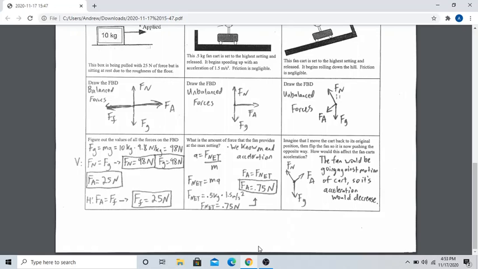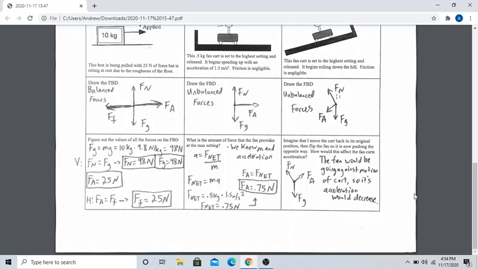Then for the final piece, it says imagine I move the cart back, so this is when the cart is on the hill. Imagine I move it back and change the fan so it's now pointing up the slope. Now it's trying to push the cart up the slope, and that's going to affect the acceleration.